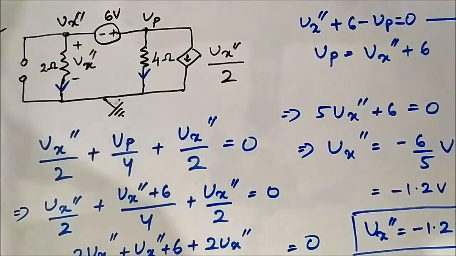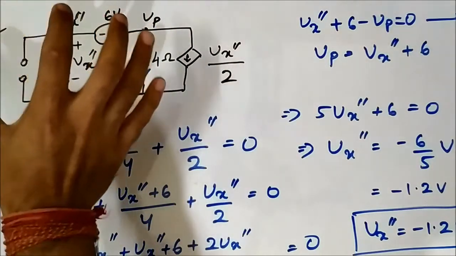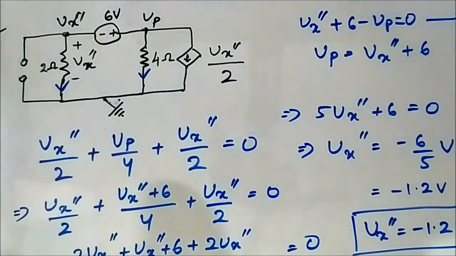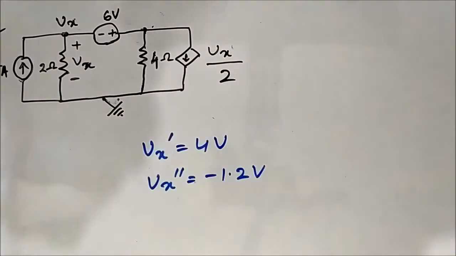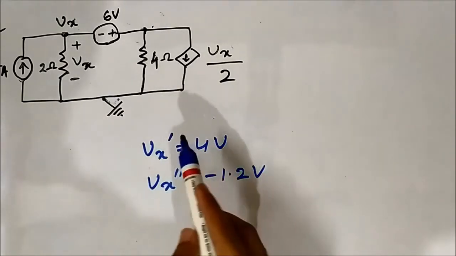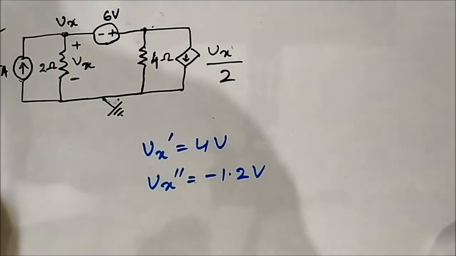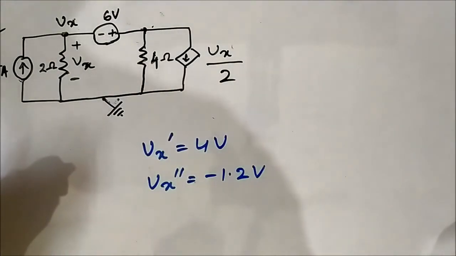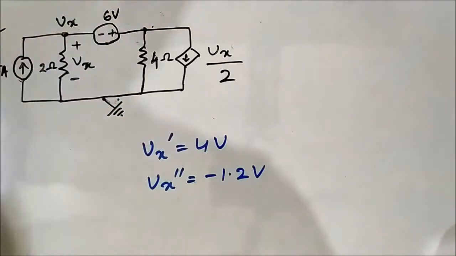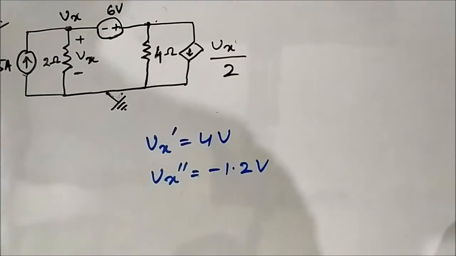Now we have to find out the Vx, the net effect of both these independent sources combined, that is 6 volt and 5 ampere. We got these two values of the voltage drop across the 2 ohm resistor for the first and second step, considering each of these independent sources separately.